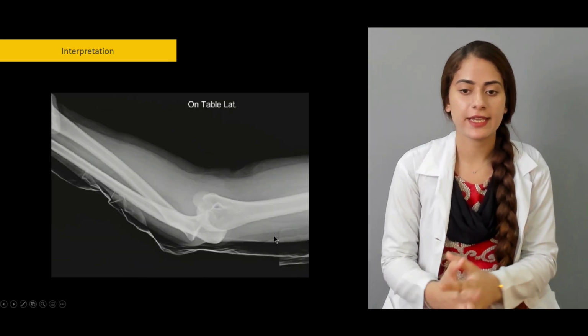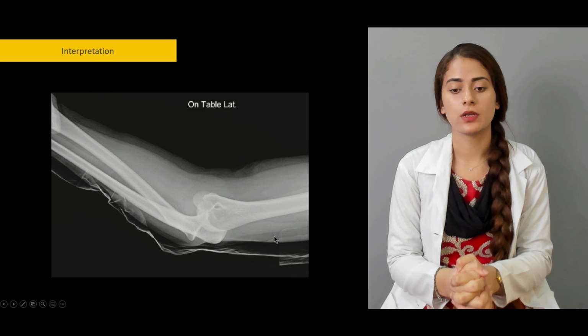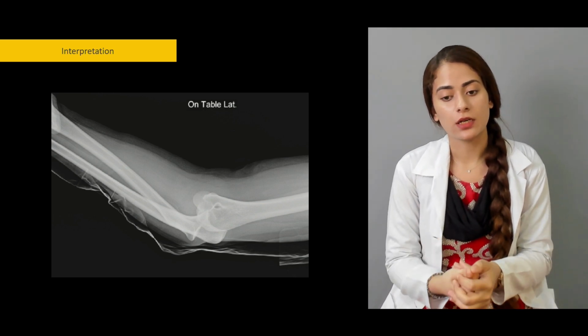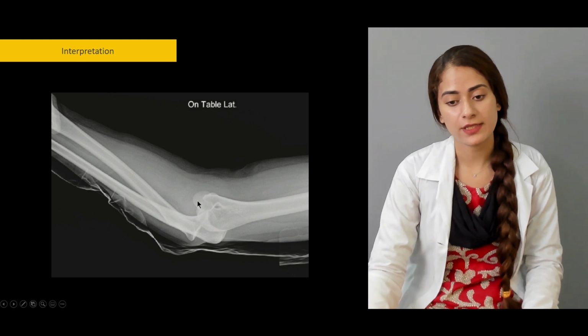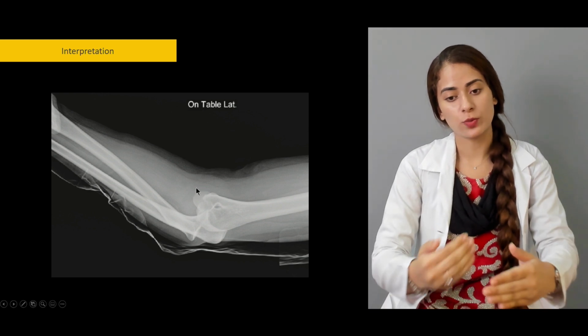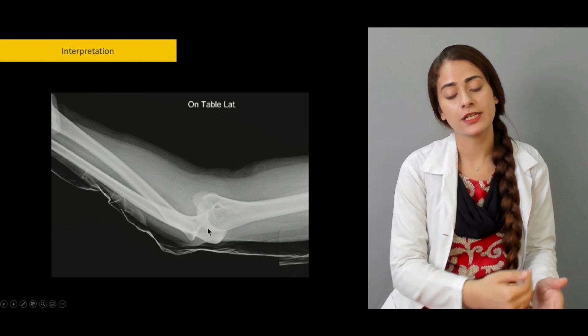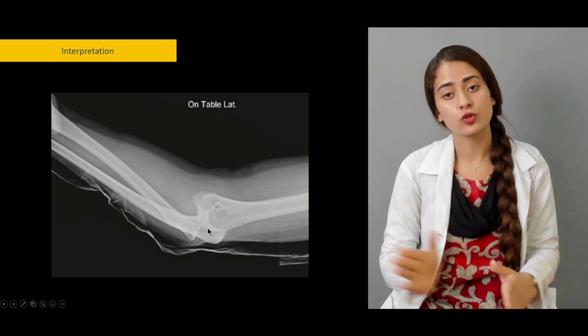Okay, so this is a displacement or dislocation of both the ulna and the radius. The radius is displaced in an oblique and posterior direction, whereas the ulna has displaced in a posterior and superior direction.